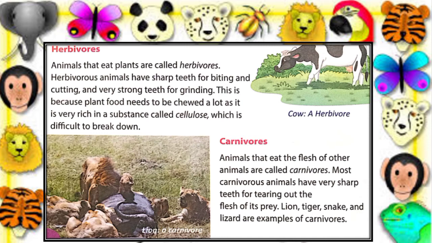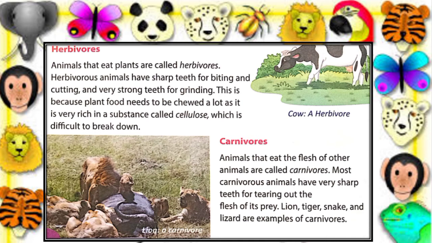So based on the type of food they eat, they can be divided into 5 main groups. First group is herbivorous, meaning animals that eat only plants, and these animals include giraffe, elephant.